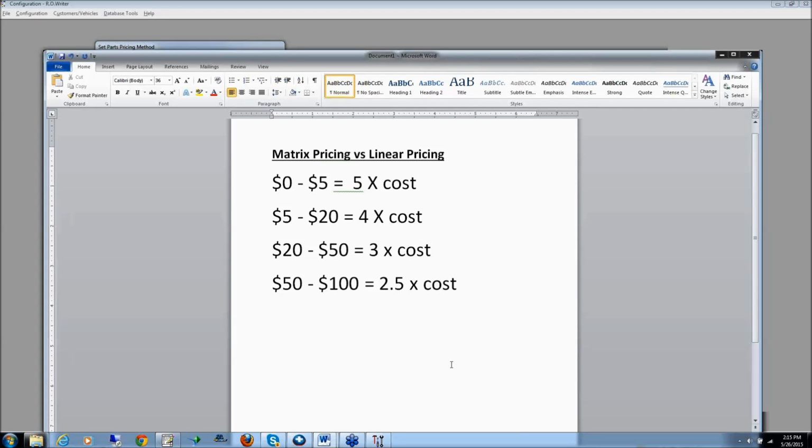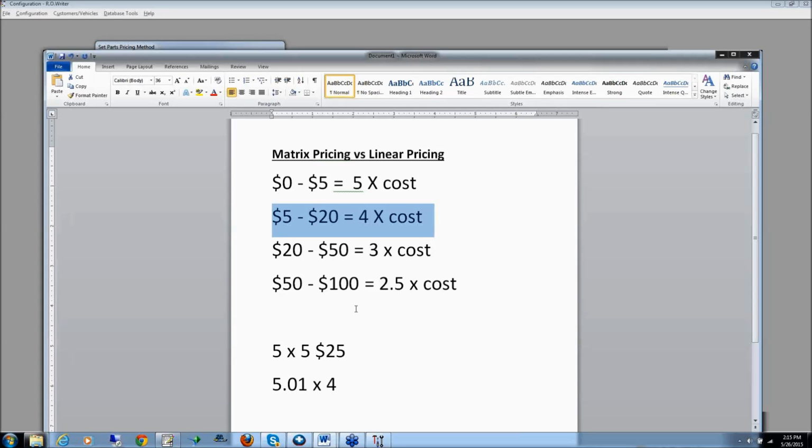Now, the problem with matrix pricing is that as we cross over from one delta to another, there's an immediate loss in profitability. What I mean by that is, in my example, a $5 part, we would multiply it times 5, and we would sell that for $25. So that's using the matrix, 0 to $5. When we get to $5.01, we have now crossed over that barrier to where we're into that next range.